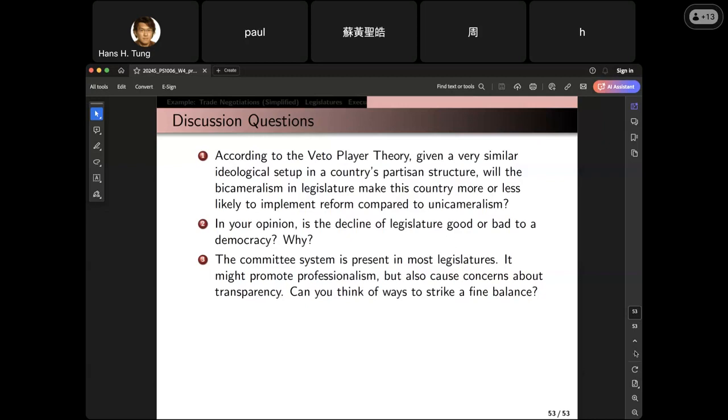Why professionalism sometimes can go against transparency: let me start from this. We are all in different professions, and in a profession, probably because of convenience, we create shortcuts like jargon.